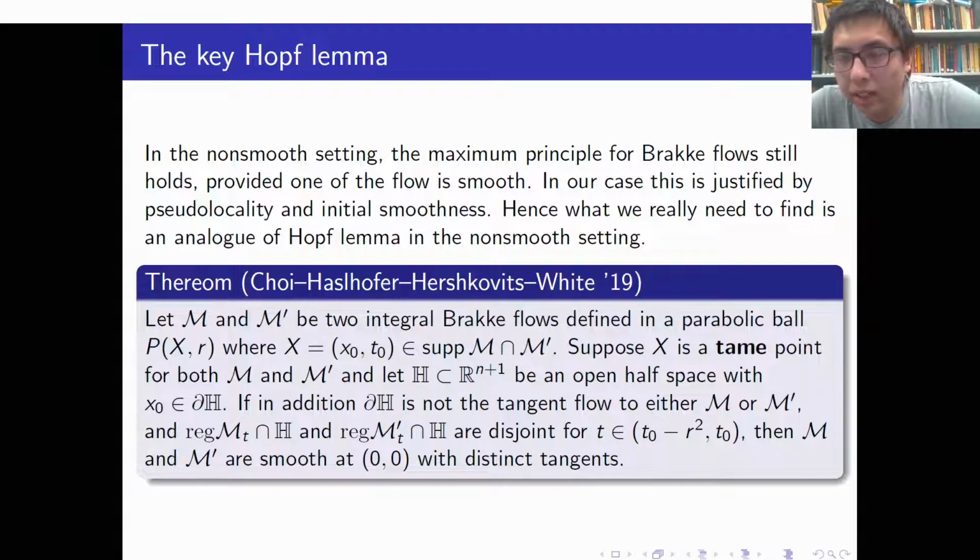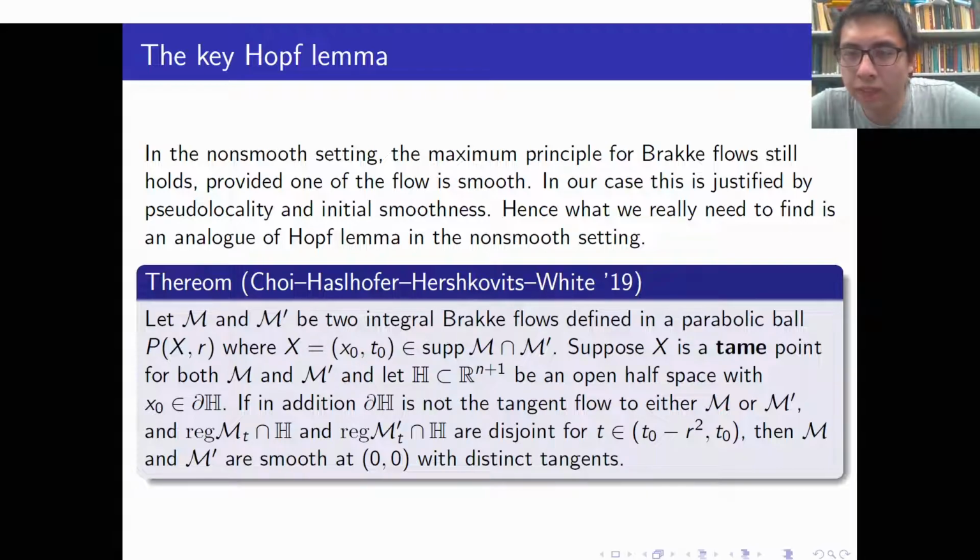The tangents being distinct is also not too big a problem, because if they're not distinct, you can apply the maximum principle to deduce they're the same. So really the technical issue you have to verify is that the flows are tame, which is a condition I won't go too much into.